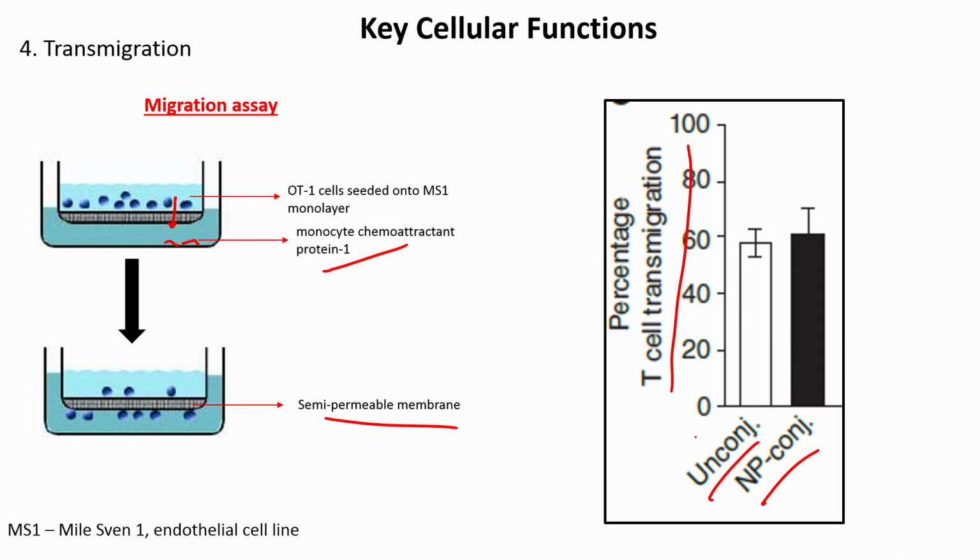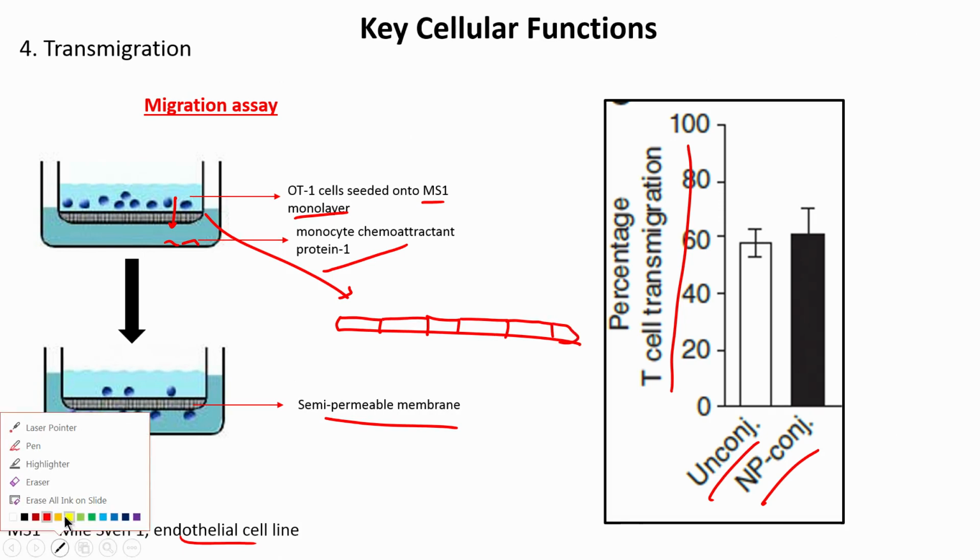They have also used MS1 monolayer, which is an endothelial cell line. If I zoom into this layer, what you will find is there is an endothelial layer sitting on top of a porous membrane, which is obviously smaller than the cells itself.